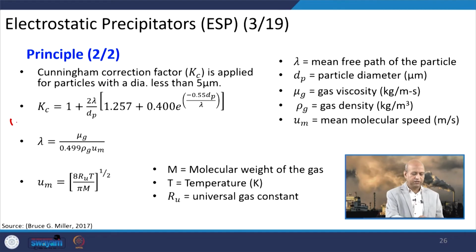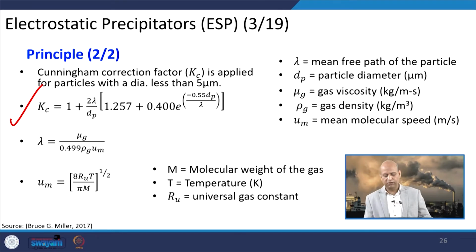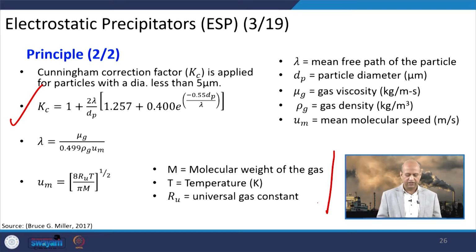These parameters are calculated by another set of empirical relationships, where the meanings of different parameters are given, like mean free path of the particle, particle diameter, viscosity and gas density, and mean molecular speed. The molecular weight of the gas, temperature in Kelvin, and the universal gas constant are also used for calculating mu m.